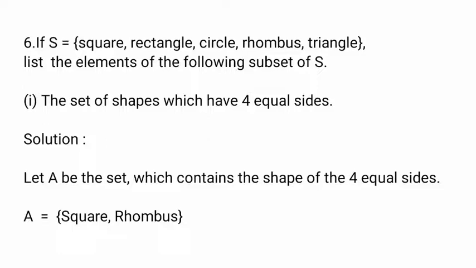Here square, rectangle, rhombus have 4 sides. Which ones have equal sides? That is square and rhombus. Solution: let A be the set which contains the shapes with 4 equal sides. We have 2 values, that is A equals {square, rhombus}.